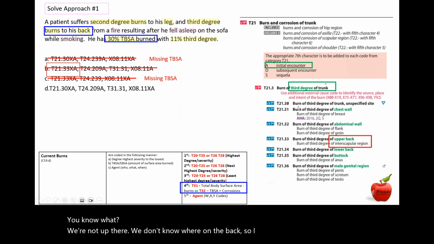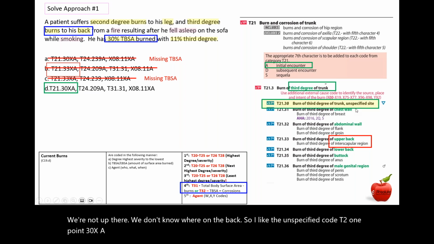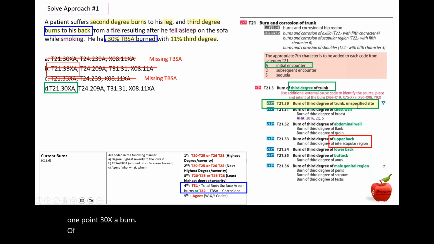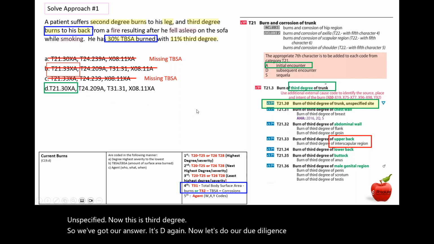So I like the unspecified code T21.30XA, burn of the trunk, unspecified. Now this is 3rd degree. So we've got our answer. It's D again. Now let's do our due diligence and finish coding it out.